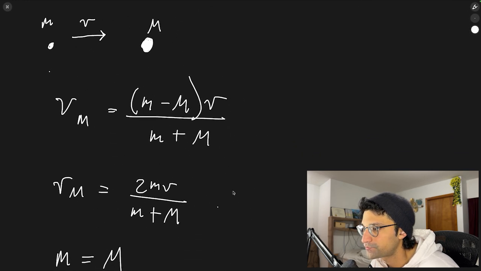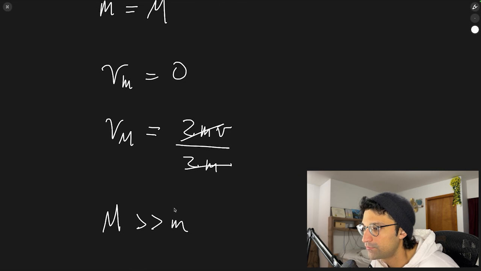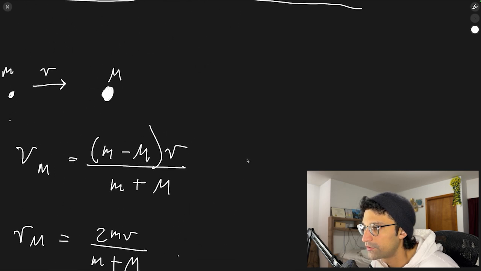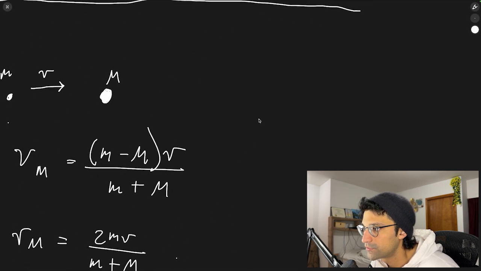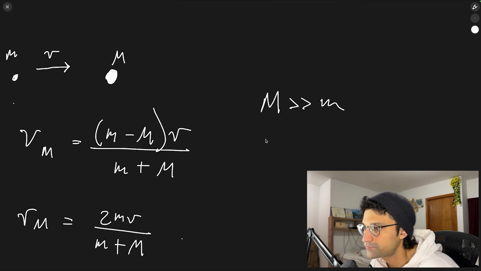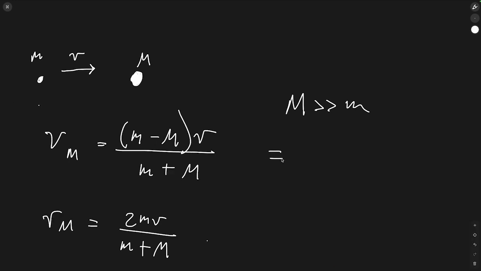In that case, for v little m, when big M is much greater than little m, the difference is basically 0 compared to big M, so that's just big M times v.